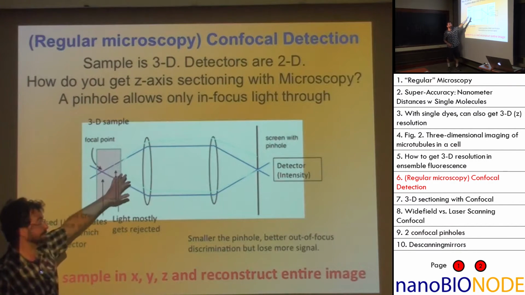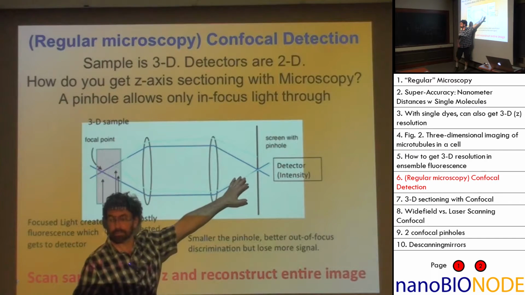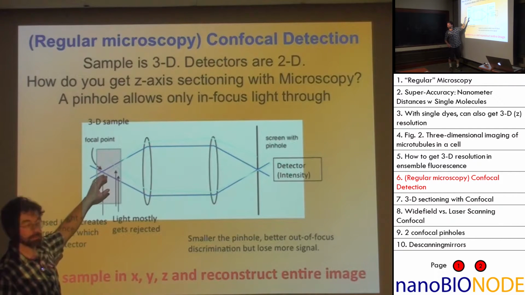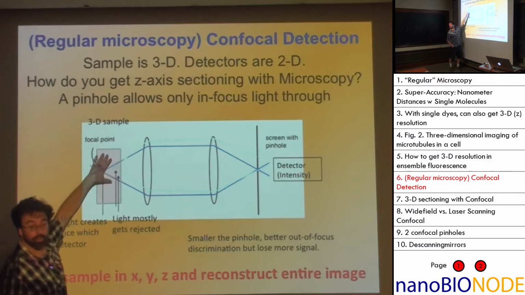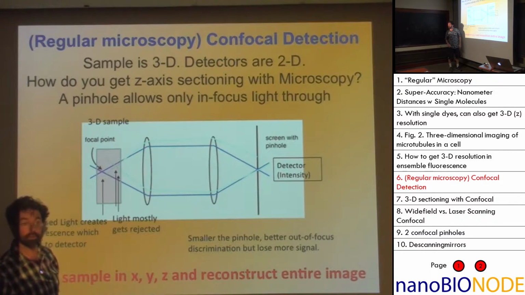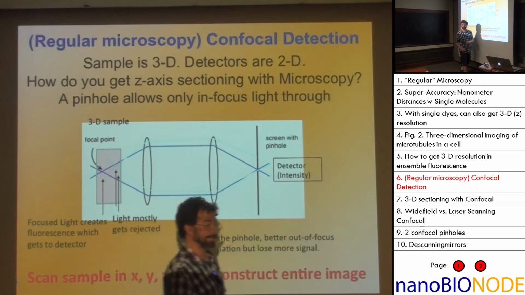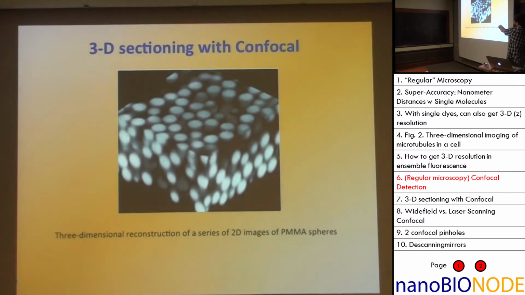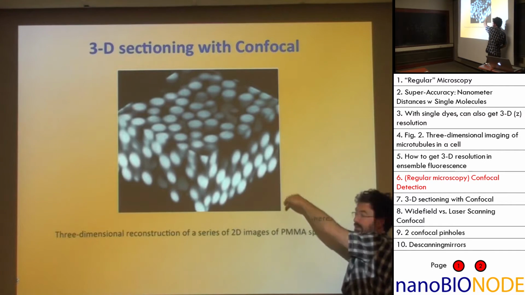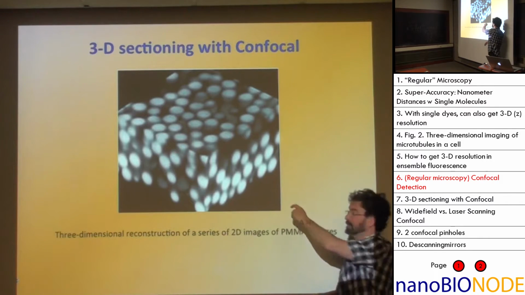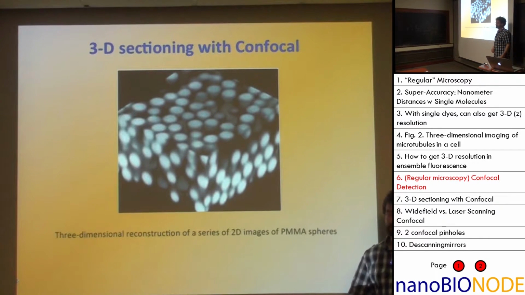Another way of doing it is you keep this constant, and then you move the sample. And you can do that as well. By the way, this is a 3D reconstruction of some fluorescence spheres.